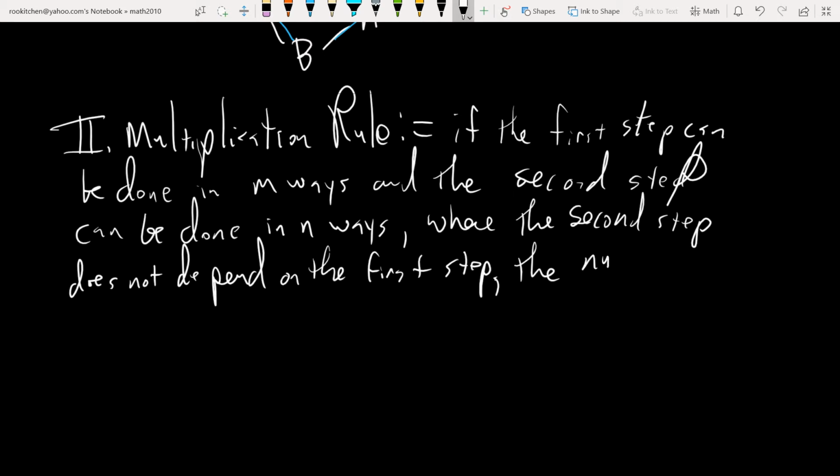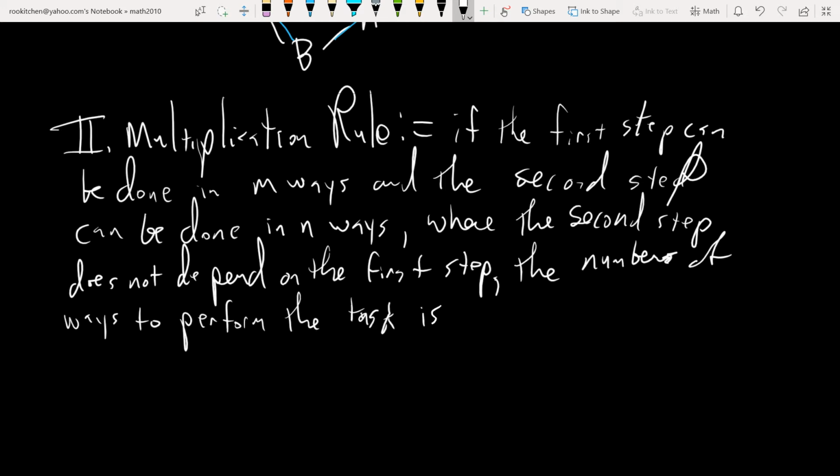The number of ways to perform the task is m times n ways.